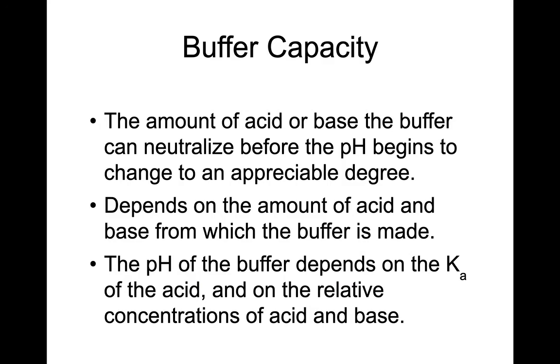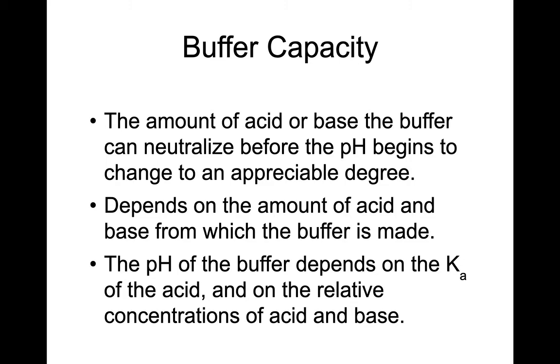A couple other key terms just to mention briefly. The first one is buffer capacity, which really simply just means the amount of acid or base that a buffer is able to handle. It's the amount that the buffer can neutralize before the pH really begins to change significantly.